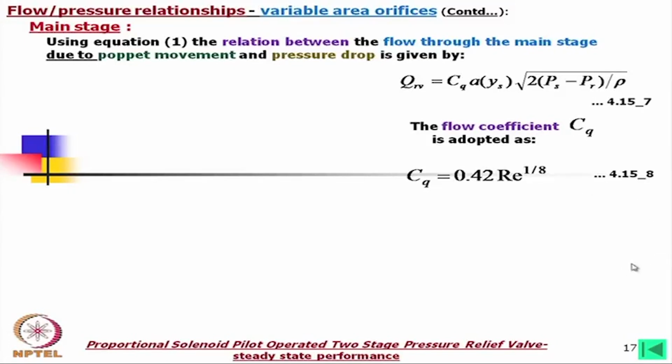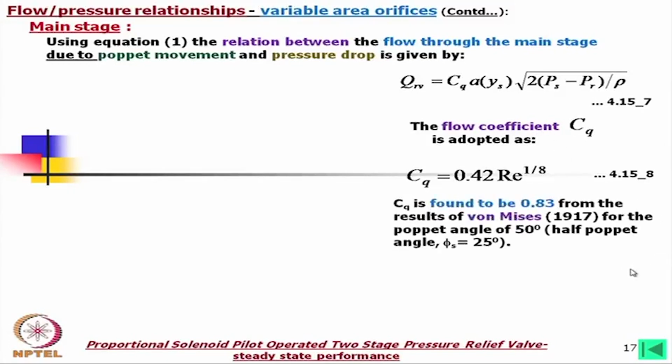This is established experimentally, but if we compare with the von Mises model, then C_Q is found to be about 0.83 from the result of von Mises, because the angle here is less. You can calculate this, and it will be close to this, but not exactly the same.